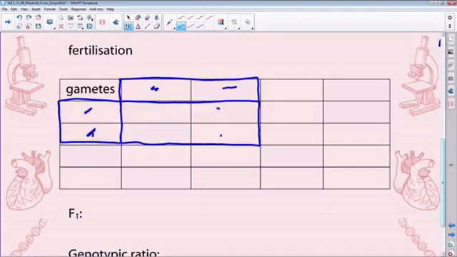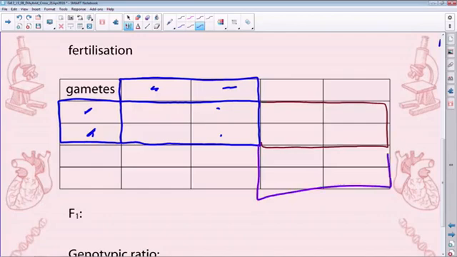Now, have you noticed, watch carefully, there's 4, and there is 4, and there is 4, and there is 4. Can you see? So now, instead of just having 4, I have 4 of the ones that we had for a monohybrid cross. Okay, so it becomes so much bigger.